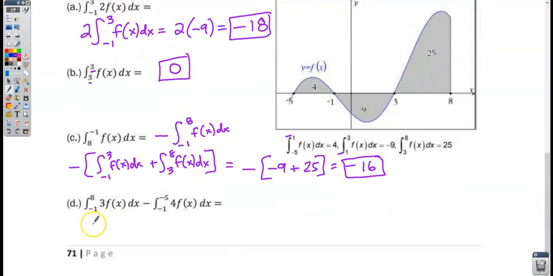All right, part D, we're applying them all here. First things first, since the lower limit of integration is a larger number than the upper limit, I'm going to flip the sign and flip the limits of integration.